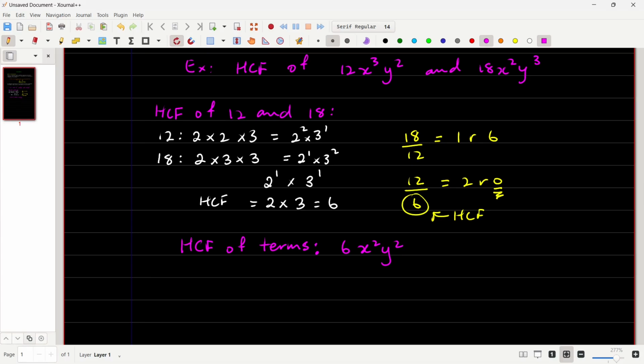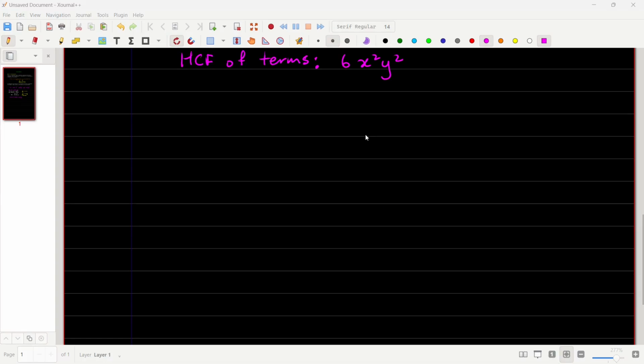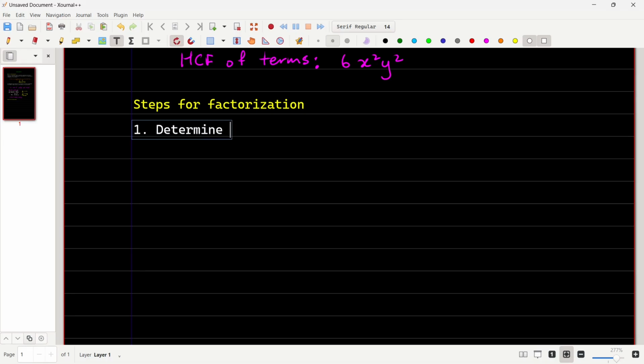So now that we know how to get the HCF of the terms, let's learn how to factorize expressions with the HCF. Let me outline some steps for factorization. Step 1, determine the HCF of all terms in the expression.